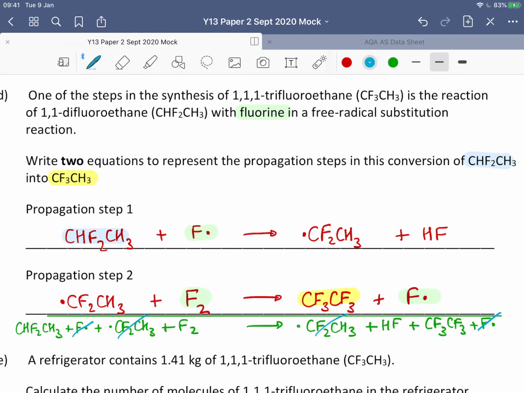So when we look at the overall equation, there we go, the overall reaction equation.